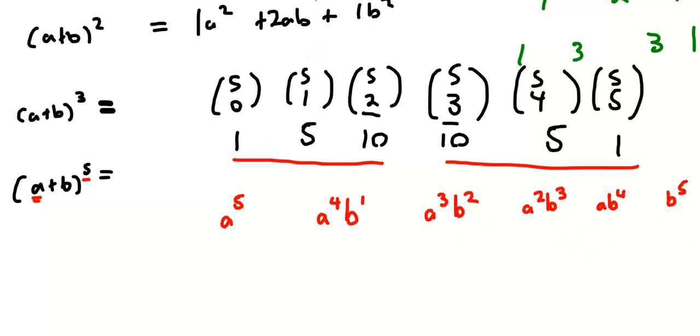What numbers did we work out a second ago? 1. What else? 5. Yeah, what else? 10. What else? 10. After that, you've successfully multiplied A plus B to the power of 5 times.